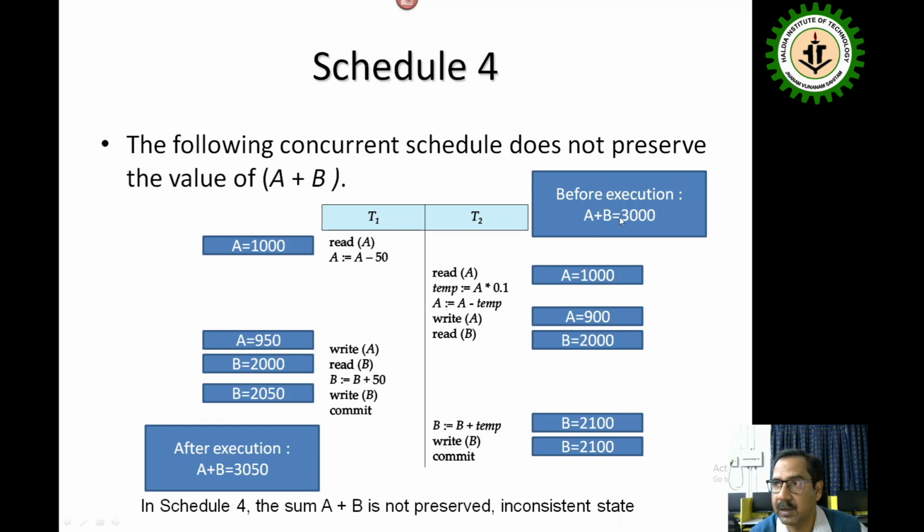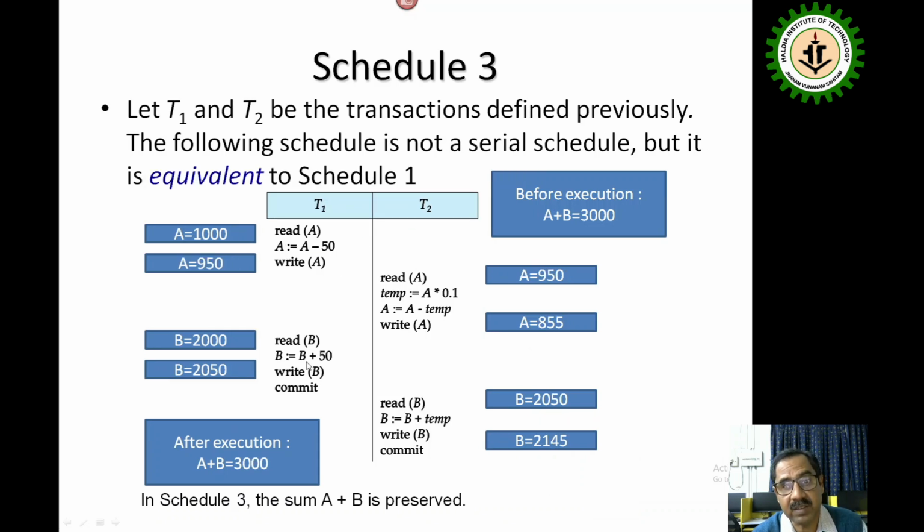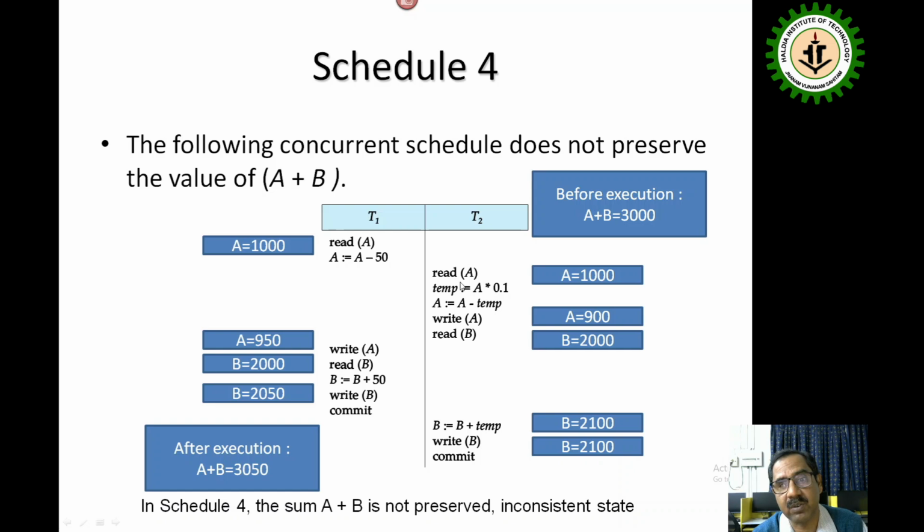Before execution, the sum of the balance of account holders A and B is 3000 rupees. But after execution, the sum is 3050, which is not consistent. So it does not preserve consistency. This is also a non-serial schedule, also in interleaved form.